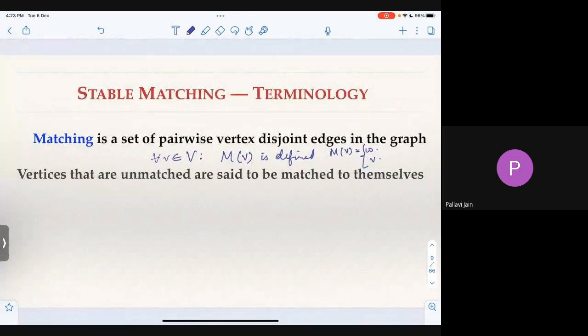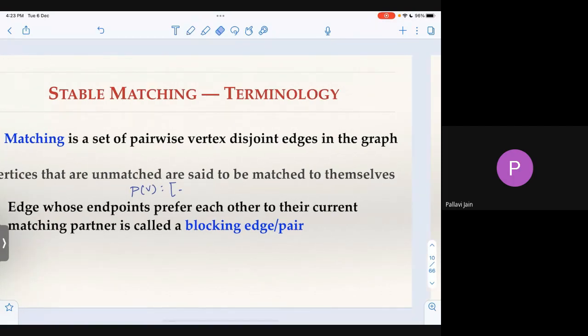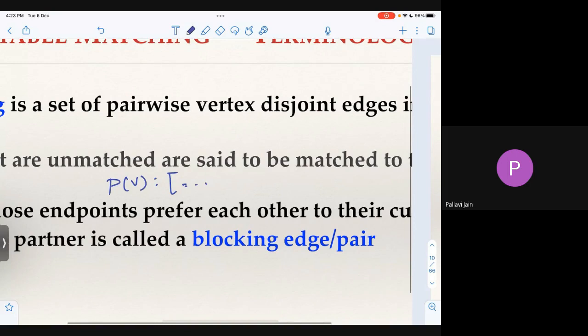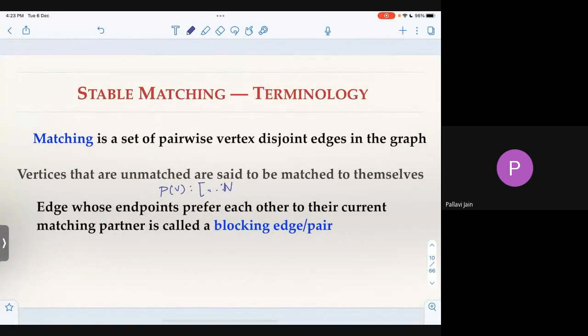Keeping in mind that every vertex would like to be matched to somebody over being unmatched, the preference list of a vertex can be seen as a rank list on its neighborhood set. God, the handwriting is terrible. Followed by itself, okay?